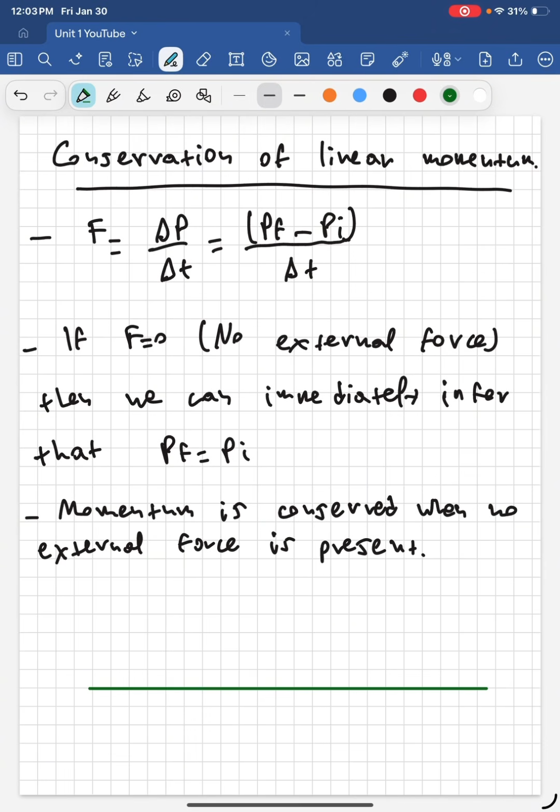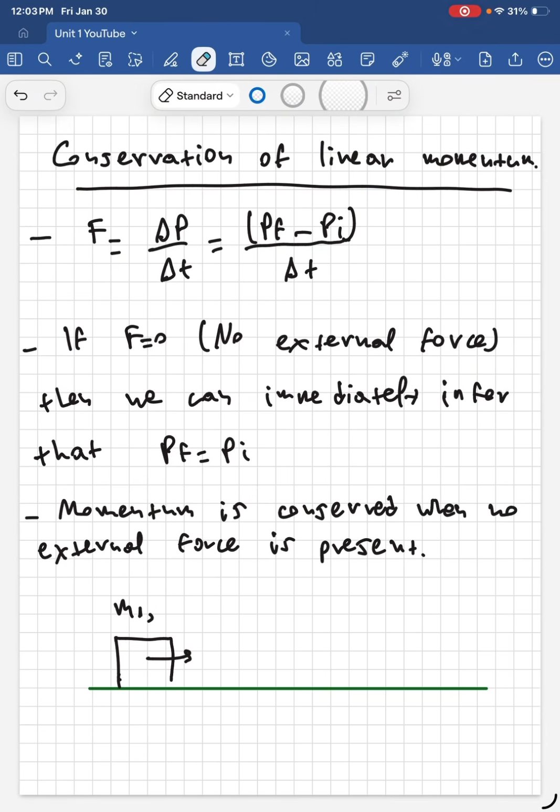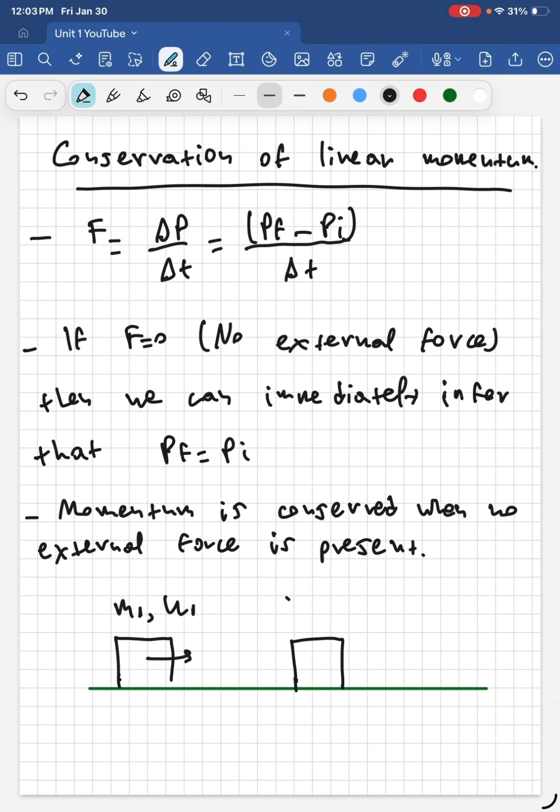So conservation of momentum usually implies that, again, we have an object moving, let's call it m1, and it has some initial velocity, let's call it u1, okay? And it collides with an object with mass m2, and no initial velocity, so a stationary object, okay?